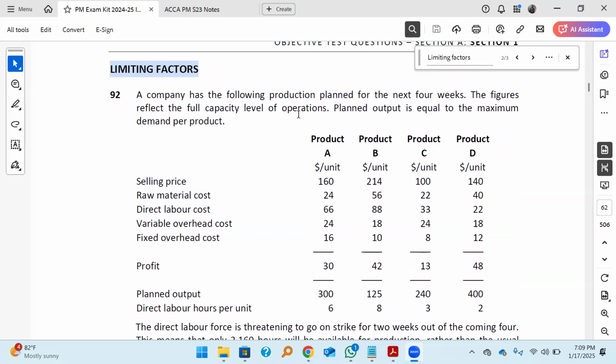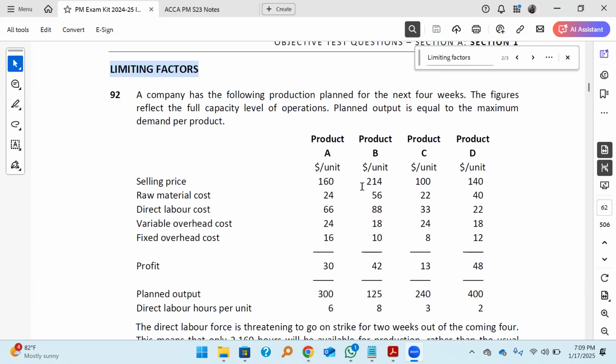Now, they are saying planned output is equal to the maximum demand per unit, which means that this planned output is also the maximum demand. So you have the selling price, and you see that they are going to be selling at different prices. You can see some are selling at 160, 214, 100, and 140.